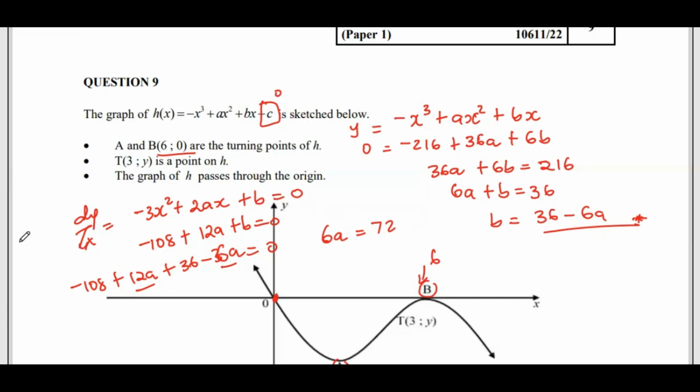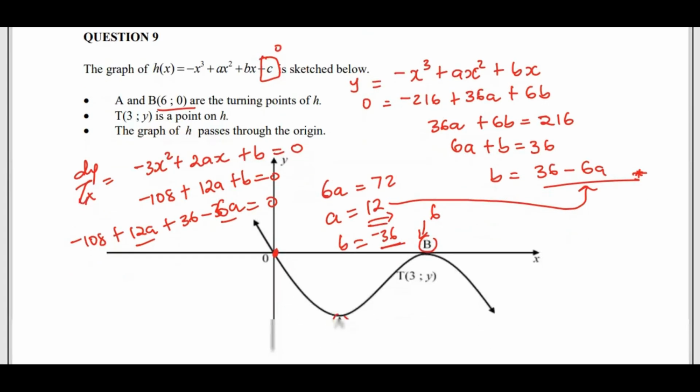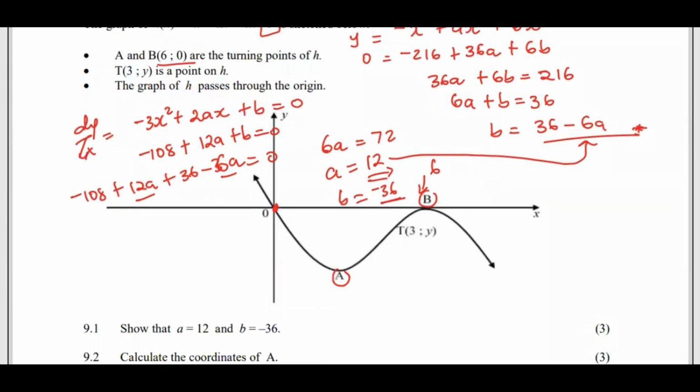So 72 divided by 6, we get 12 for a. Then I can replace this 12 here, and then my b is going to be negative 36.